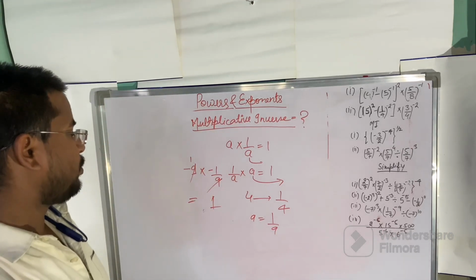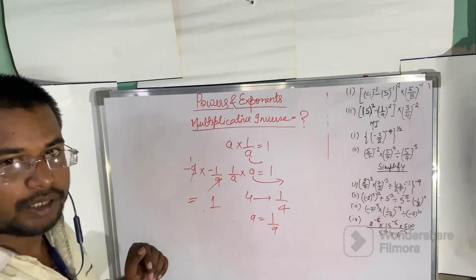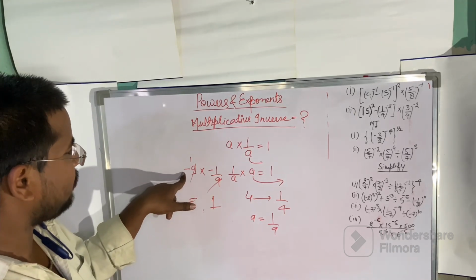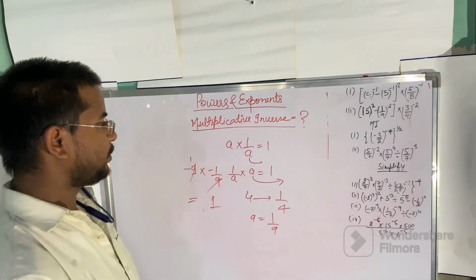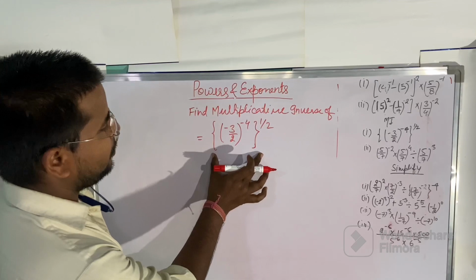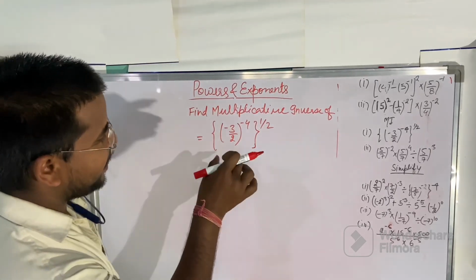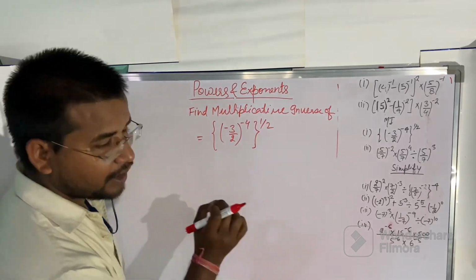Okay, so there is one result: the multiplicative inverse of any negative number is always a negative number. Okay, they ask to find the multiplicative inverse of this. So first we solve this and then we find the multiplicative inverse of that result.